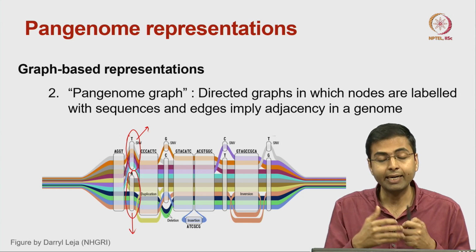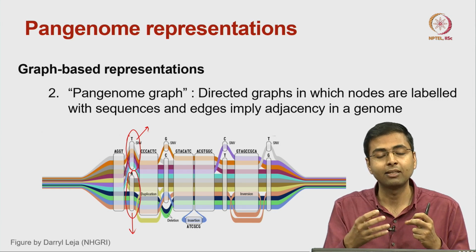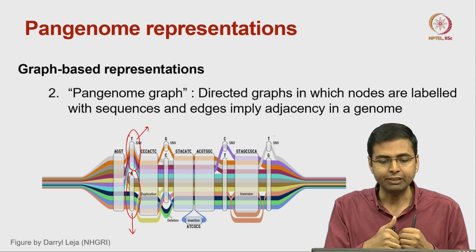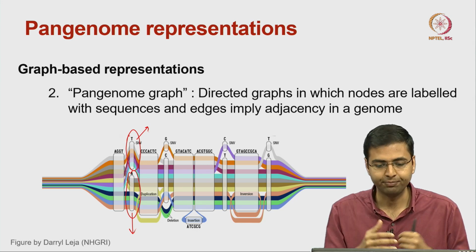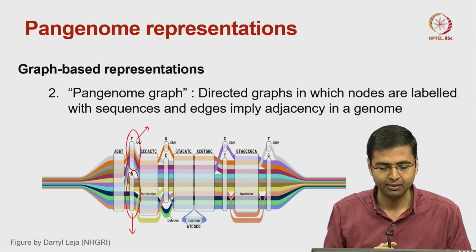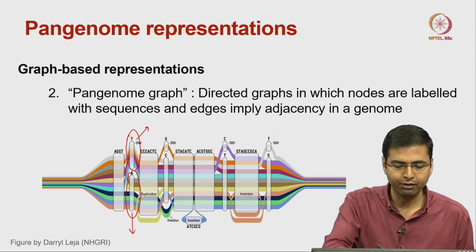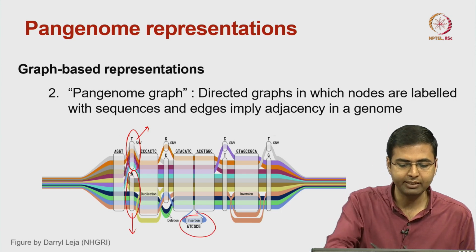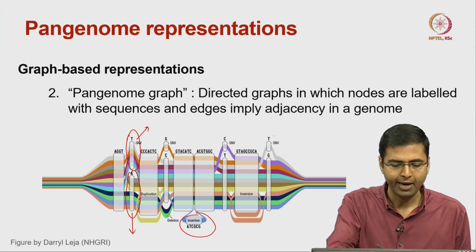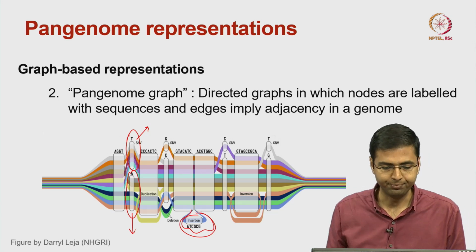So, this gives us a collective view of how these genome sequences are related to each other as well as how they are different from each other. For example, here is another view where one of the individuals has an insertion of a sequence, and there you can see that alternate path coming up at the bottom.